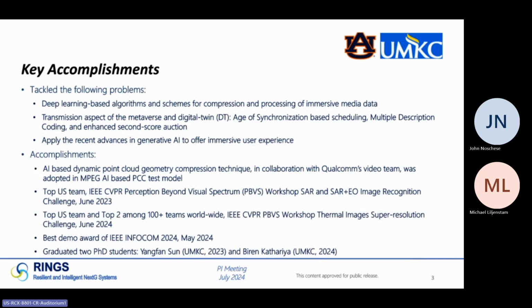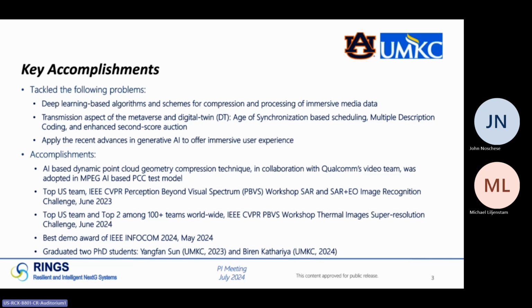So some highlights of what we have accomplished so far. In the last year, we tackled the problems on the first part, which is compression. So deep learning based algorithm schemes for compression and analytics of video and point cloud and light field data, immersive media data.